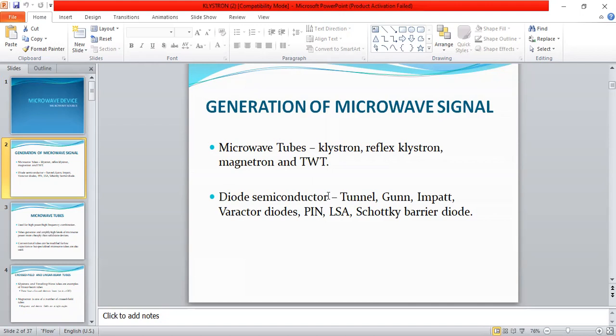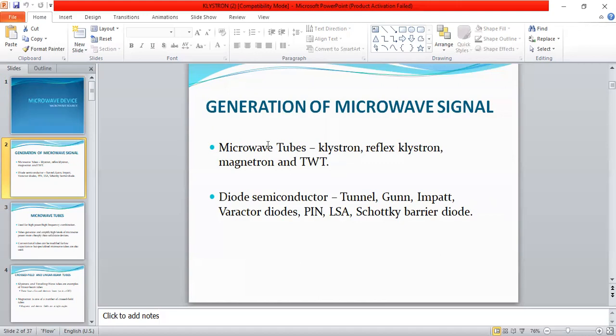By using semiconductor technology means transfer of holes and electrons, the combination of electrons and holes by avalanche multiplication. And through the avalanche multiplication process, here we can generate microwave signal with kilowatts and watts of power. That is the second technology.